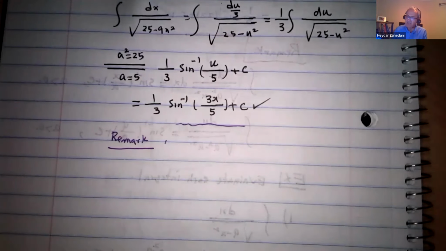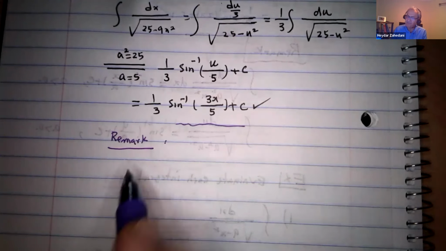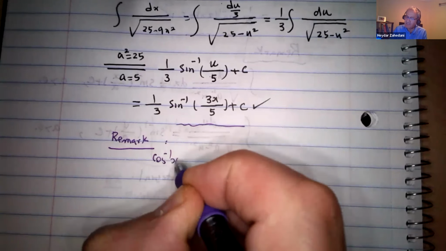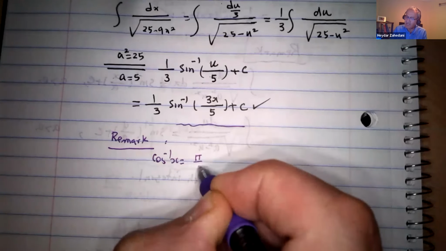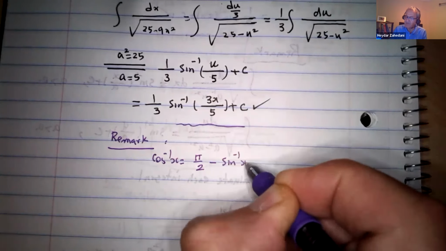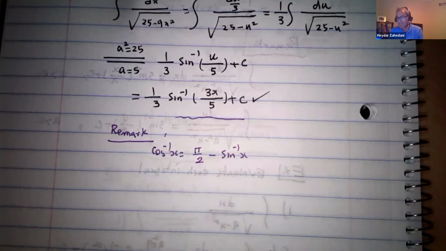The remark is this one: we can prove that cosine inverse of x is equal to pi half minus sine inverse of x. It's a famous problem in pre-calculus.